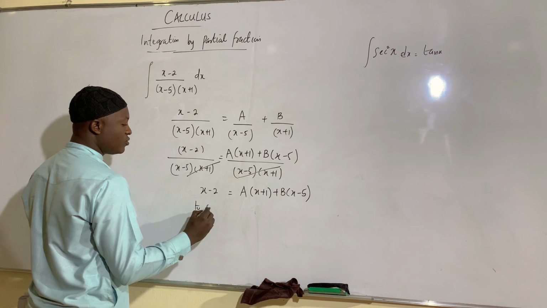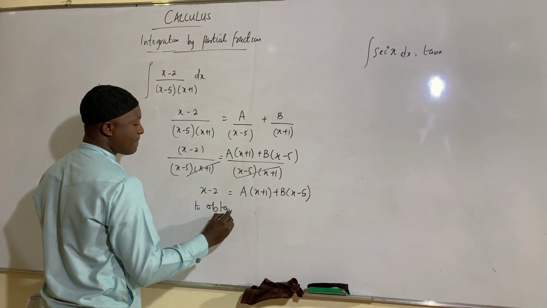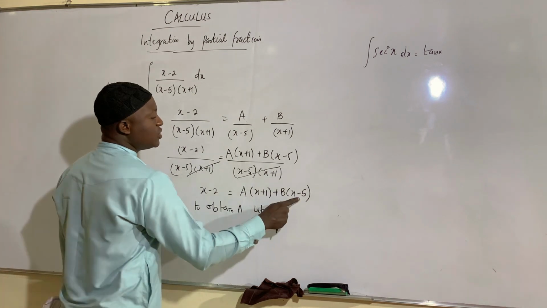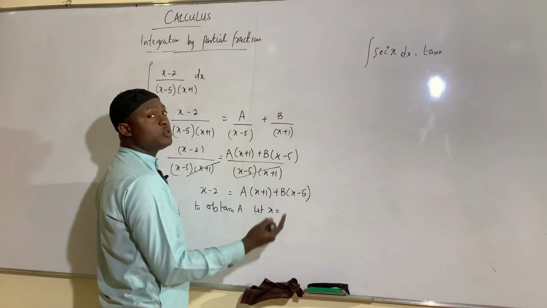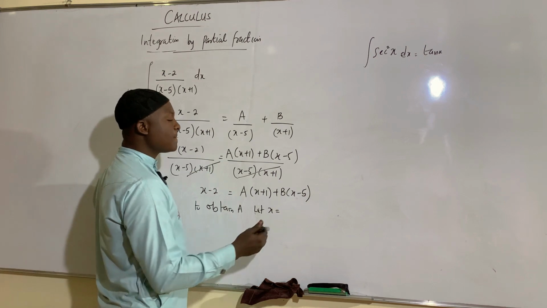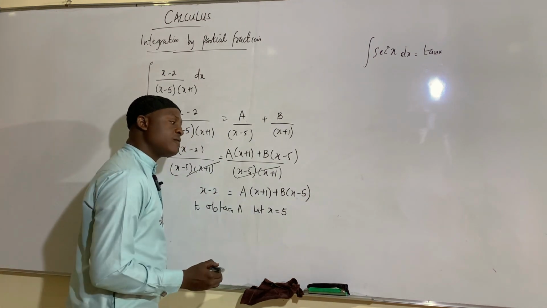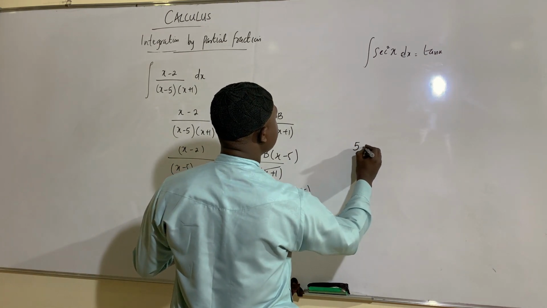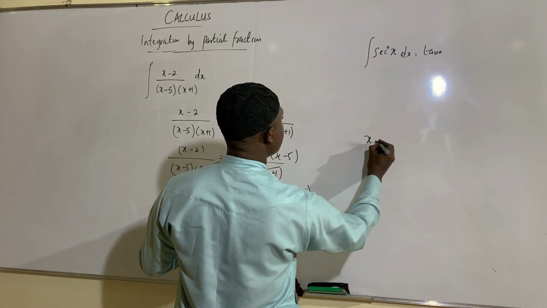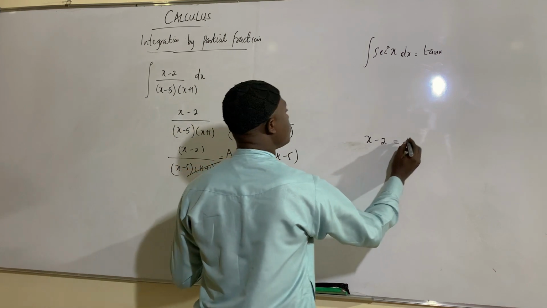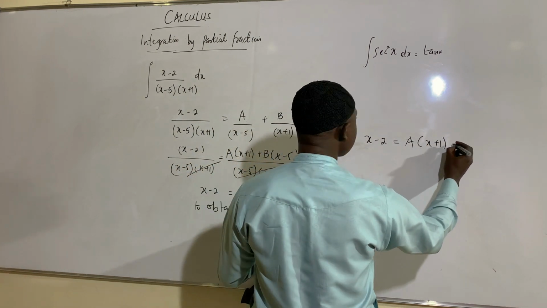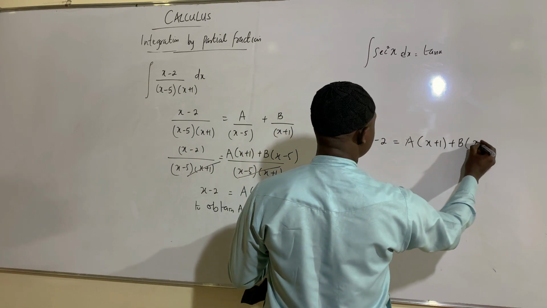So if I have to find A now, we have to let x be, you see what we have here is minus 5. What is going to be the opposite of minus 5? That is plus 5. So I have to let x be 5. I have x minus 2 is equal to A bracket of x plus 1 plus B bracket of x minus 5.